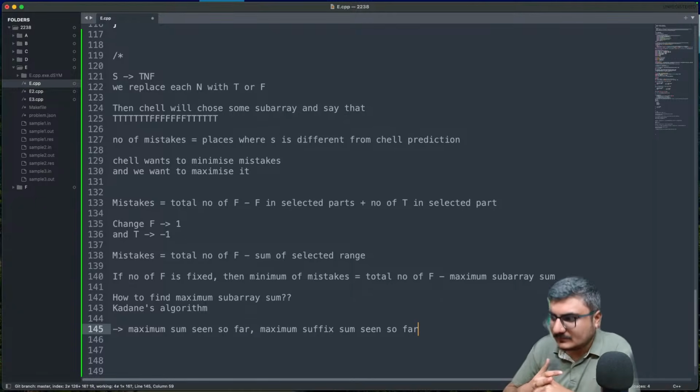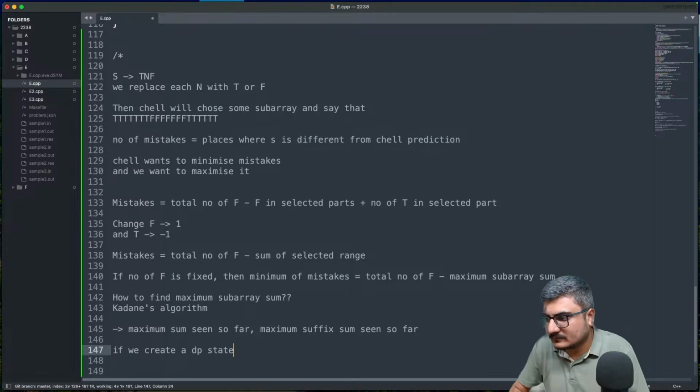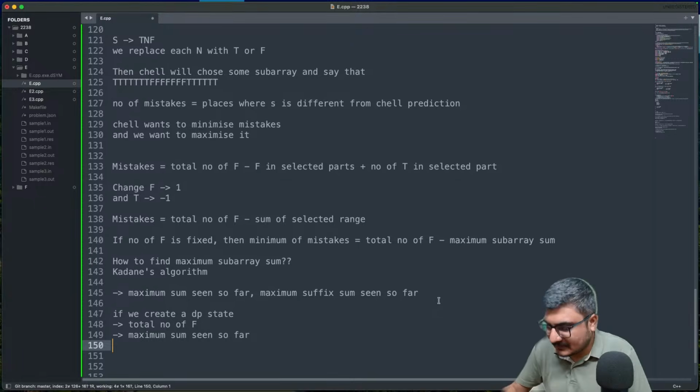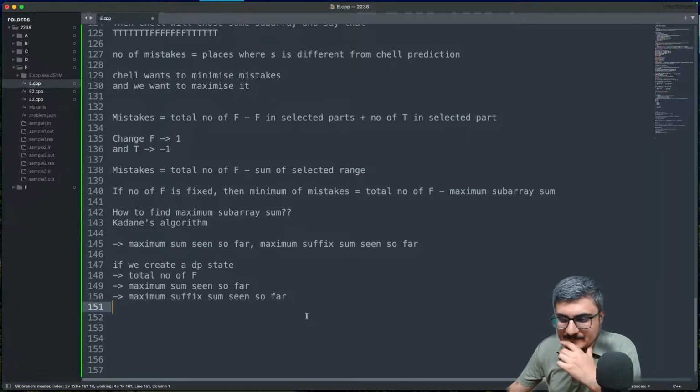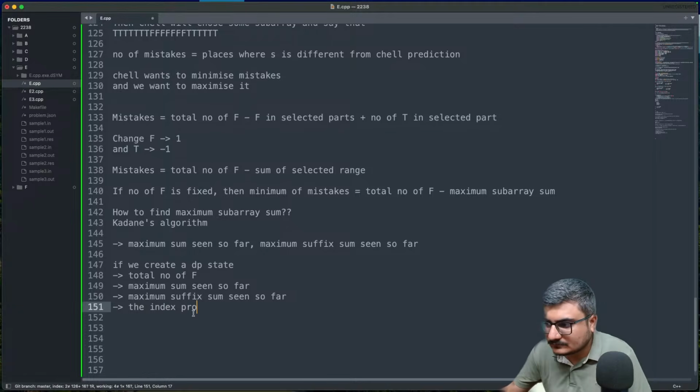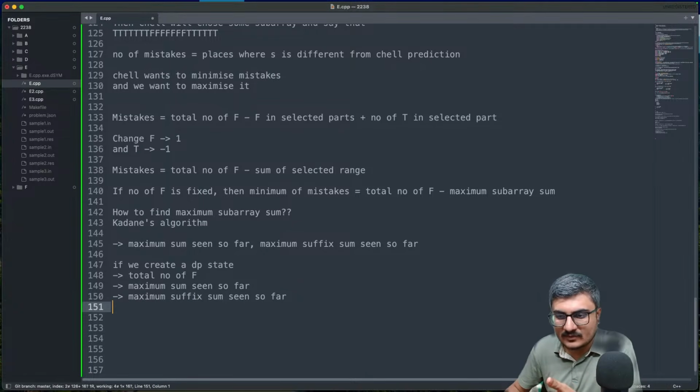So if we can somehow create a DP state that has these elements, the count of F, maximum sum seen so far, and the suffix sum, and if I maintain all of these, then I would be able in principle to figure out everything here.